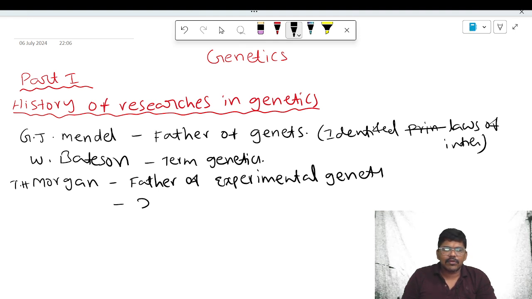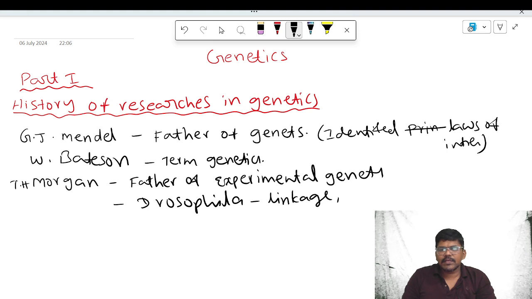He did work on Drosophila, and he did many experiments on Drosophila. He identified linkage.